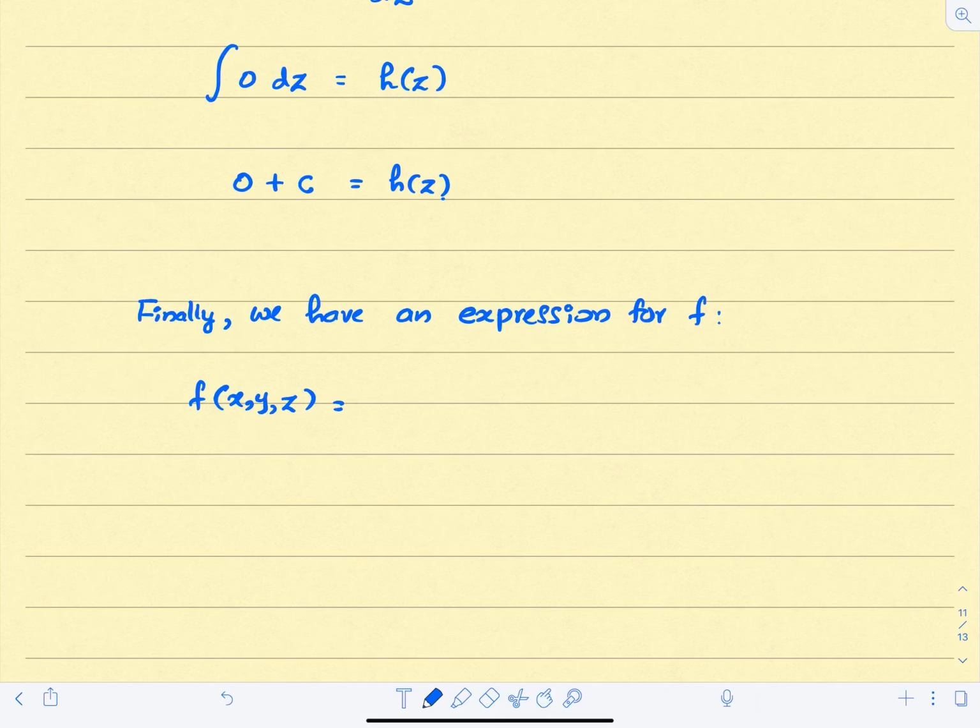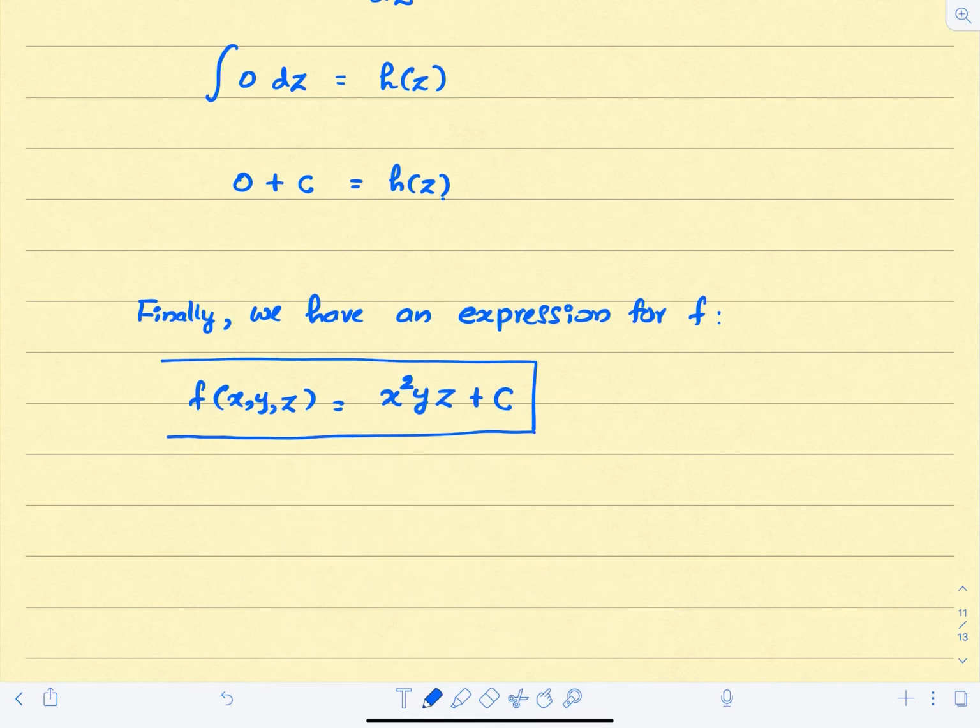Our little f equals x squared yc plus some constant. So this is our little f. Of course, we do not know how to calculate this c value, this constant, but this is the general solution for the conservative vector field.